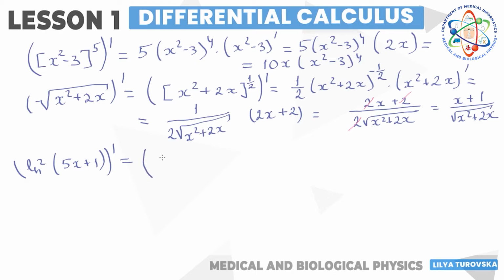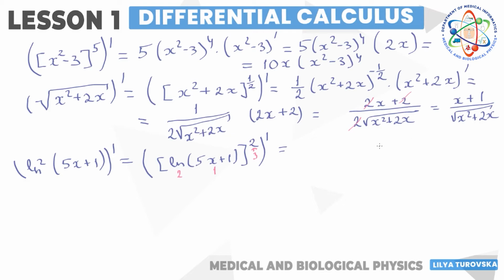We can rewrite this function to see more clearly what function is inside and what is outside. When we rewrite, you can see that we have three functions. The inside function is 5x plus 1, the second function is the logarithm, and the third function is the power.